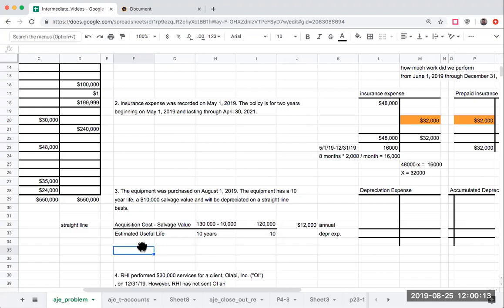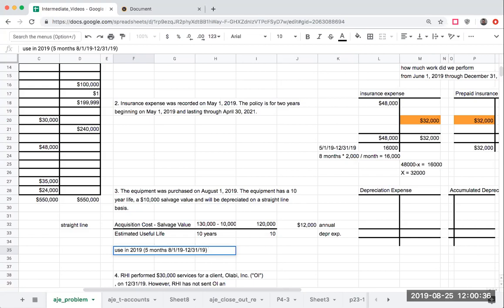So I need to say to myself, okay, August, September, October, November, December. Again, we're going to count this out on our hands. So the use in 2019 is going to be 5 months, or August 1st, 19 through 12/31/19.